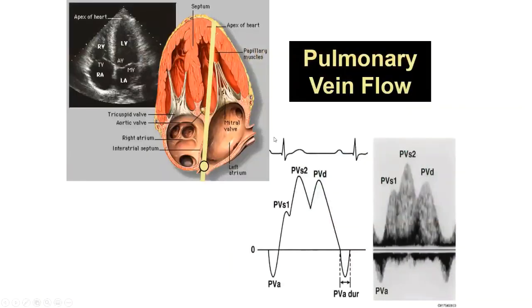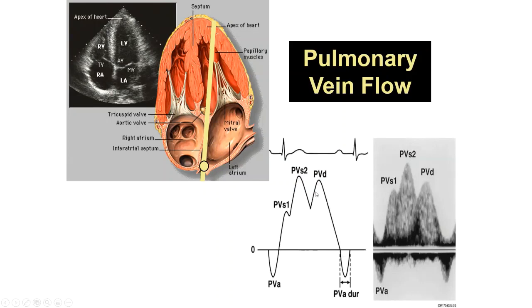Well, before we answer that question, let's just think about pulmonary venous flow for a second. This is transthoracic echo now, with the sample volume in the right upper pulmonary vein. Normal pulmonary venous tracing really comprises three waves: an early systolic and a late systolic wave, S1 and S2, and a D wave.